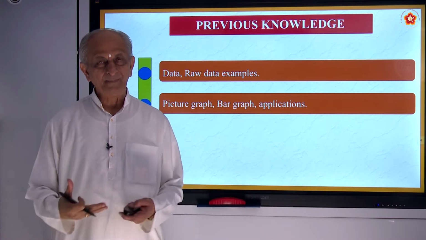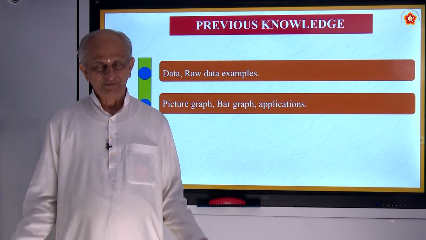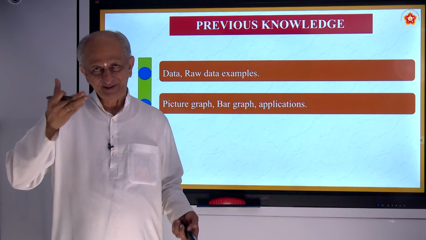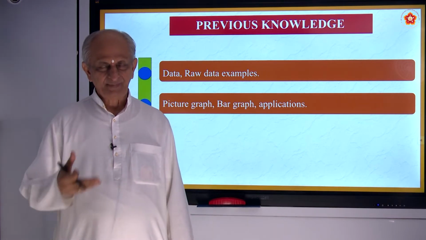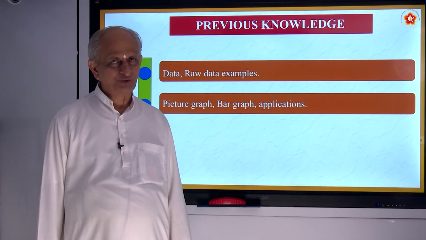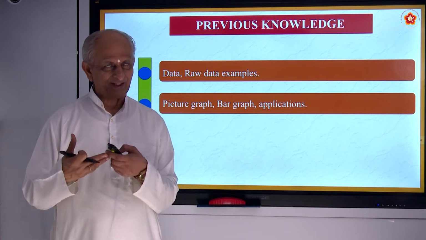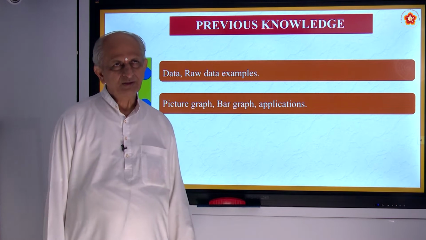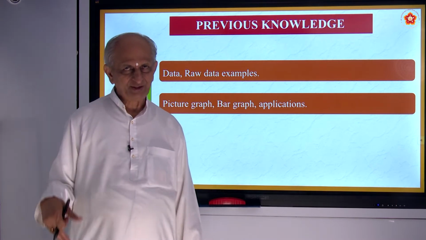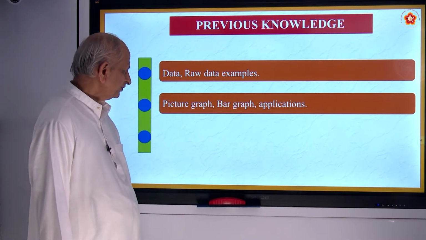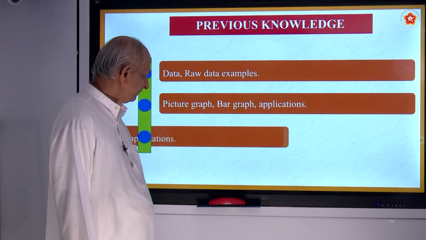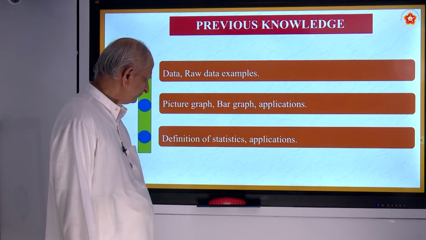For example, population increase, or election results, different parties getting different votes. It may be the results of the school, bowling average, batting average. They all can be shown with the help of a bar graph.